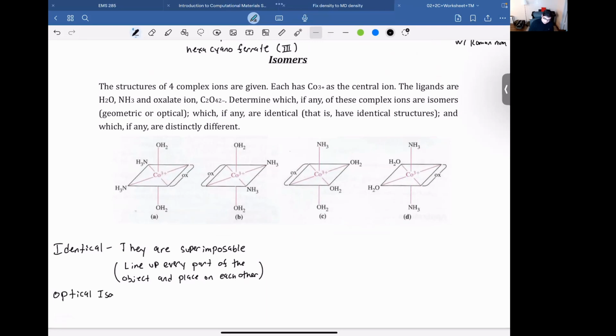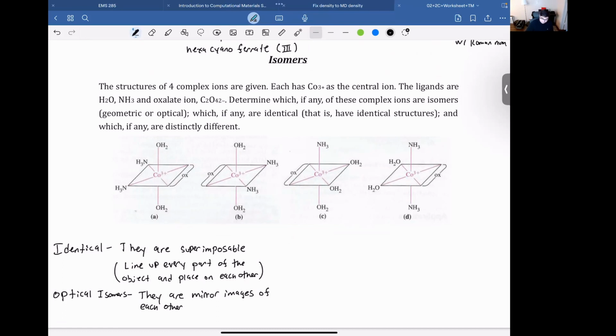look at what optical isomers are. If you have two things that are optical isomers, they are mirror images of each other, right? These are all relationships, so if you're comparing two things to one another, you can't say something is identical to nothing else.